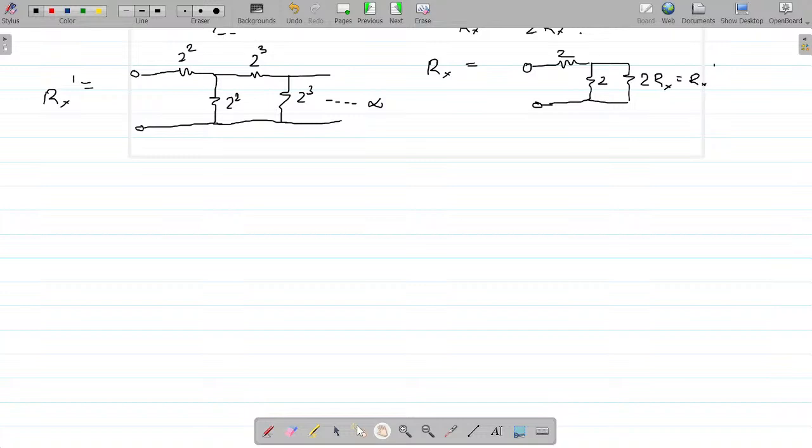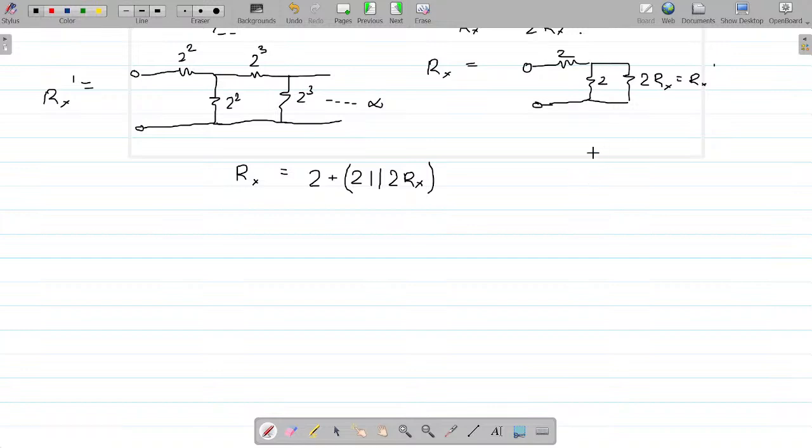Now tell me, can I say Rx is equal to 2 plus 2 parallel to 2 Rx? Look here, 2 Rx is parallel to 2 and this is in series with the 2 ohm resistor.